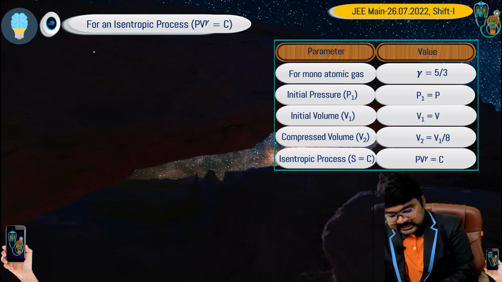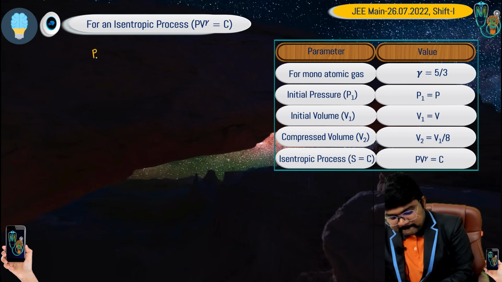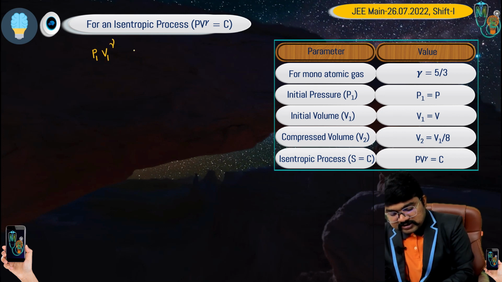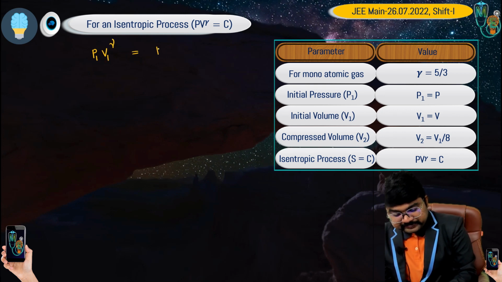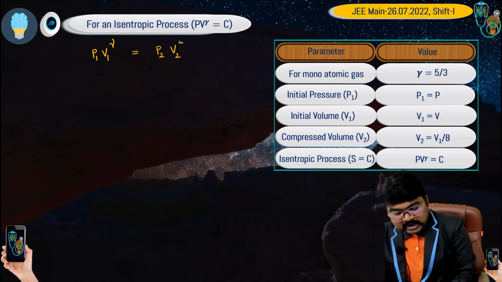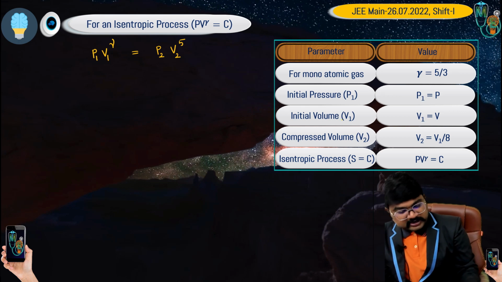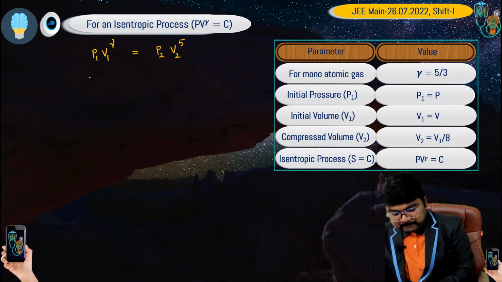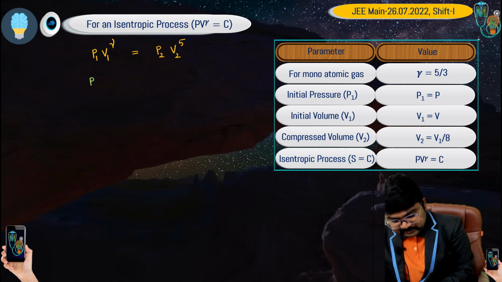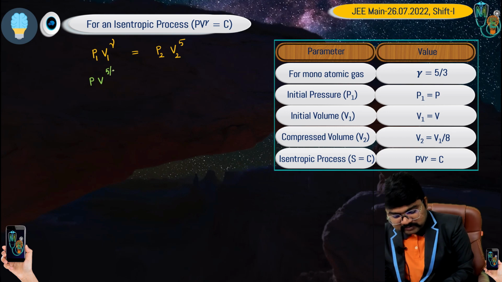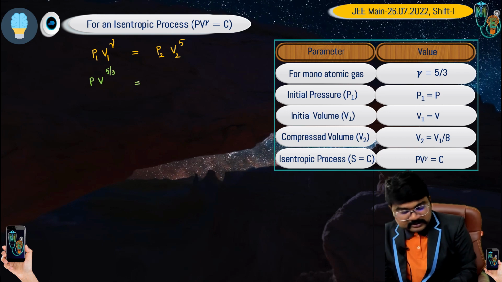You can write it as P1 V1 power gamma equal to P2 V2 power gamma. Here P1 equal to P. You can directly substitute P1 equal to P, V1 equal to V, gamma 5/3.